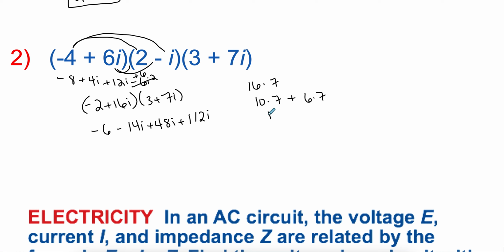So that's a 70 plus a 42. So that's how we get that 112. And that should be an i squared. All right, so that flips. -112, put that with the -6, so it's -118. And then put these together, so plus 34i. And then we are done.